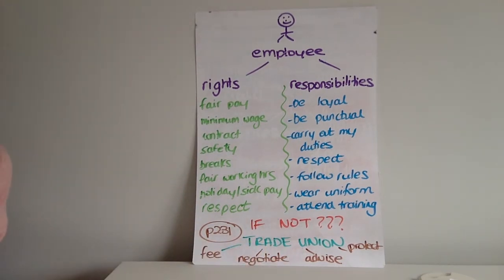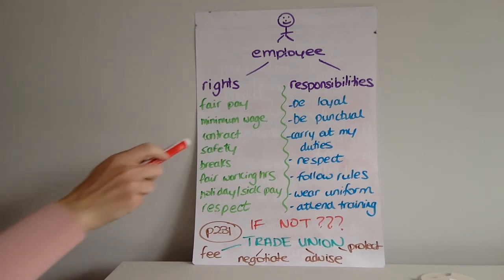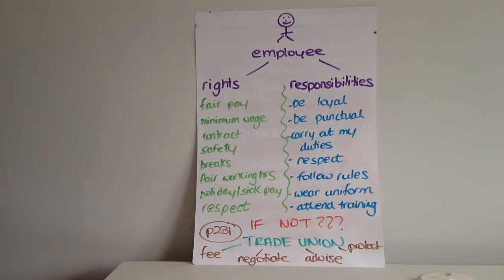So when you do start working, your first right, or the first thing you're entitled to, is a fair and honest wage. Okay, so you must be paid at least minimum wage, and this will be stated in your contract. When you first take a position of employment, you have a right to be given a contract, which must be signed by you and your employer. And if you remember last lesson, we saw all the different components of a contract of employment.